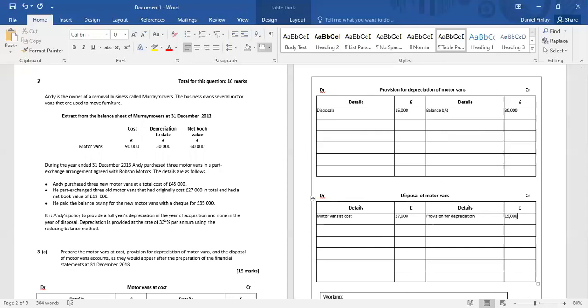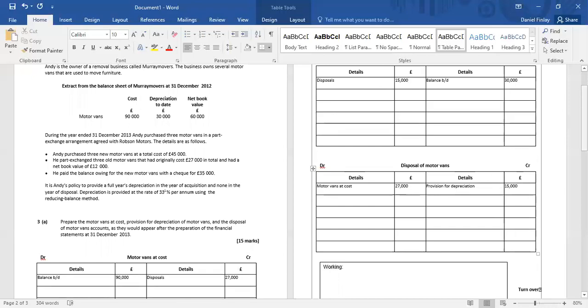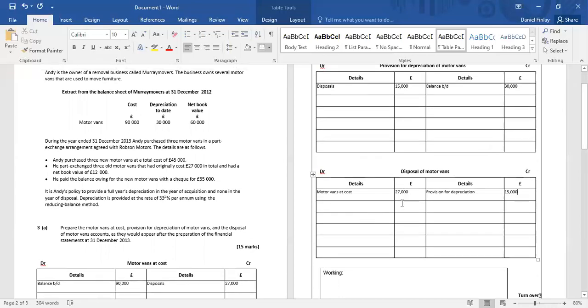12,000 was the net book value, wasn't it? Okay. And then when we look at that, we've got 27,000 on that side, 15,000 on that side. So it says he part exchanged 3 old vehicles, which cost 27,000, and that means that there's a £12,000 difference.